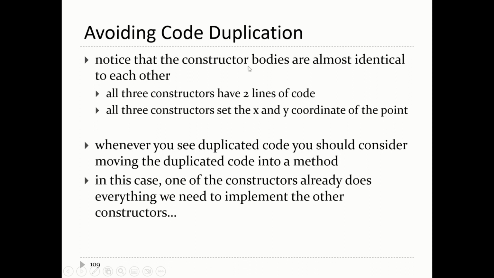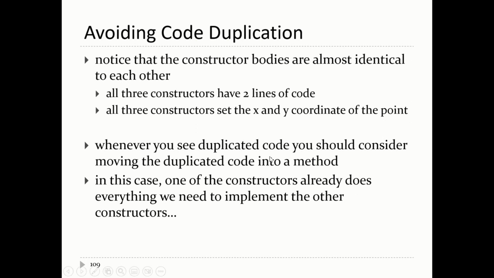All right, so in your constructors, every constructor does the same thing. It sets the fields of the object. So all of our constructors for the Point2 class consist of two lines of code, and the two lines of code are just this.x equals something and this.y equals something. So whenever you see duplicated code, at some point someone should have told you that you should consider moving that duplicated code into a common method, and just call the method instead.